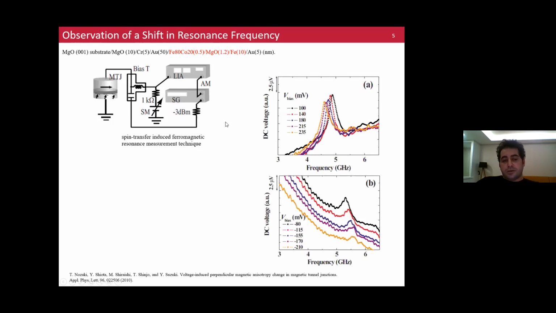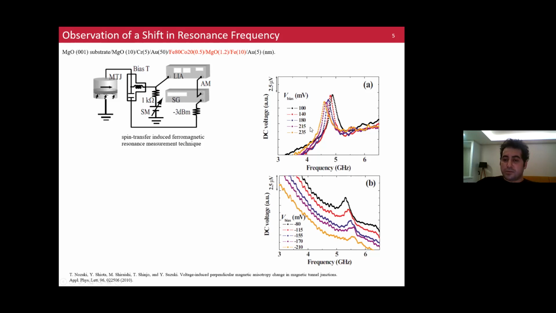By tuning this DC voltage source meter, we can observe a shift in the ferromagnetic resonance spectra. Here you can see the resonance frequency shifting as a function of applied voltage.